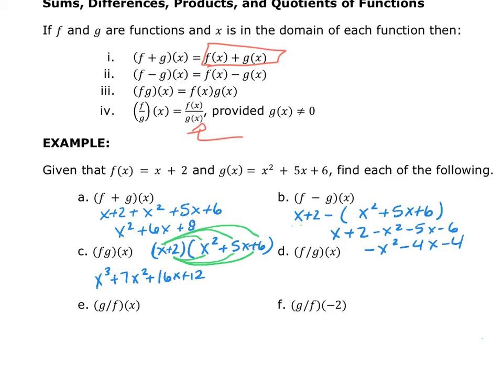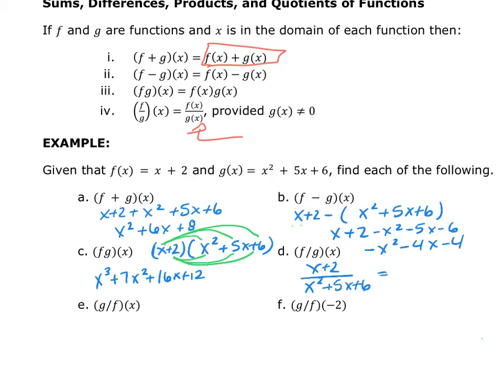What about the division? F divided by G. Awesome. For D, we do get some simplification, and that's going to lead us to E as well. If I look at D, it is x plus 2 over x squared plus 5x plus 6.